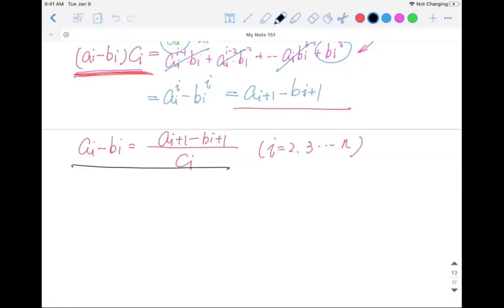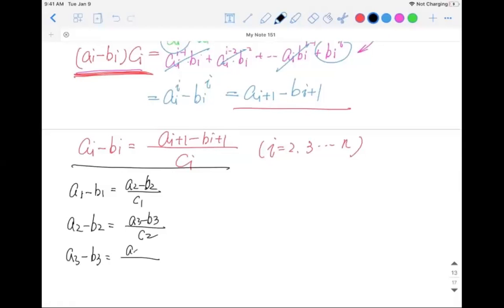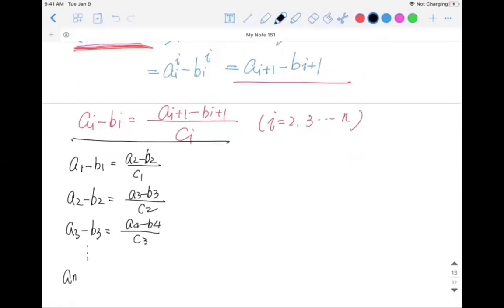That being said means, if I multiply the n terms together, A_1 - B_1 equals (A_2 - B_2) divided by C_1, right? A_2 - B_2 will be equal to (A_3 - B_3) over C_2. A_3 - B_3 will be equal to (A_4 - B_4) over C_3, all the way to A_n.